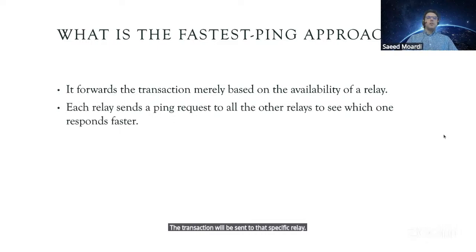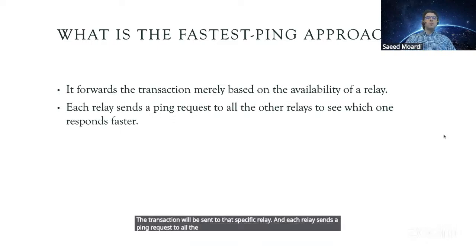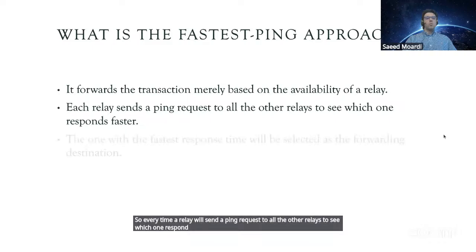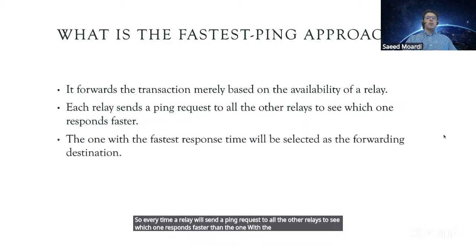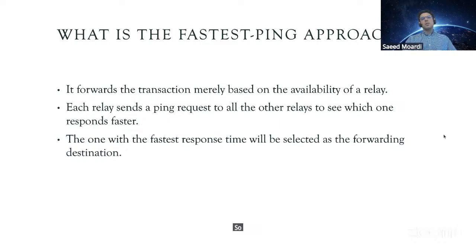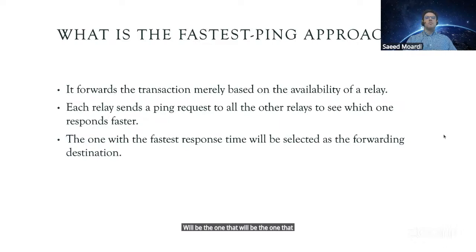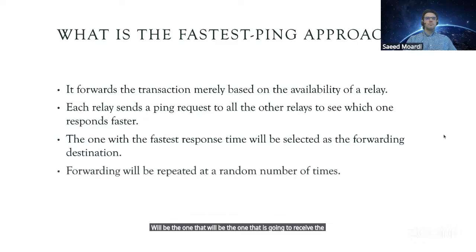Each relay sends a ping request to all the other relays to see which one responds faster, and the one with the fastest response time will be selected as the forwarding destination. The relay with the fastest response will be the one that receives the transaction. And forwarding will be repeated a random number of times.